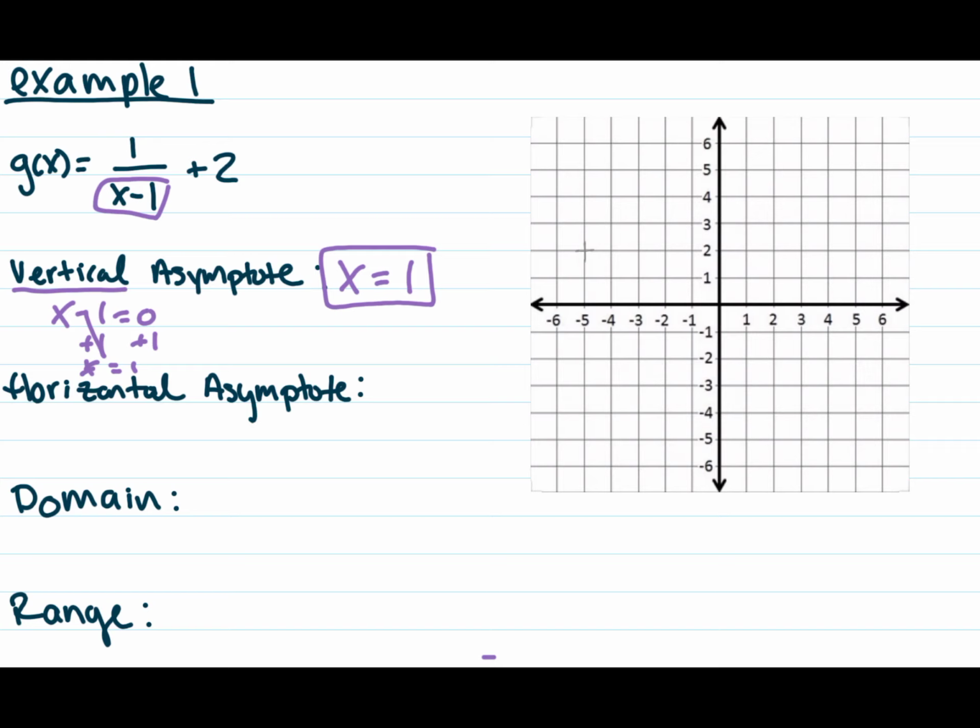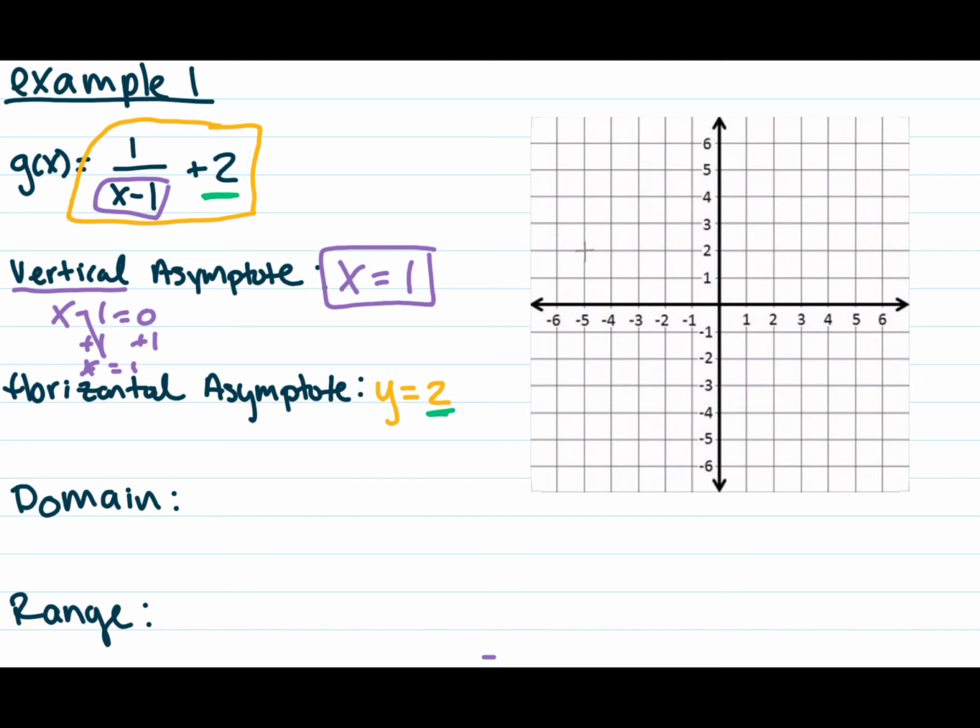Horizontal asymptote. If I wasn't sure, I could absolutely go and graph this on Desmos or something and see what it looks like. So what we can do here is I'm going to go ahead and tell you that it is y equals 2. Now where do you notice a 2 in this equation? Here, right?